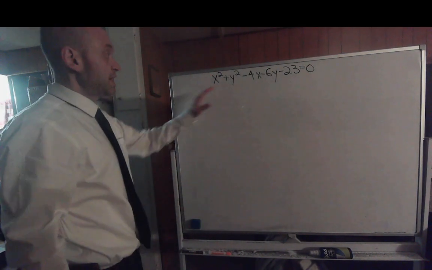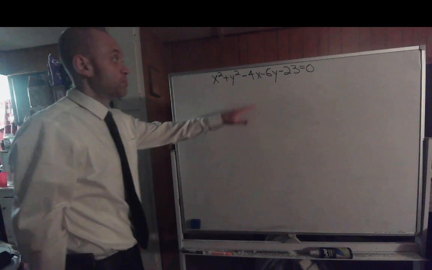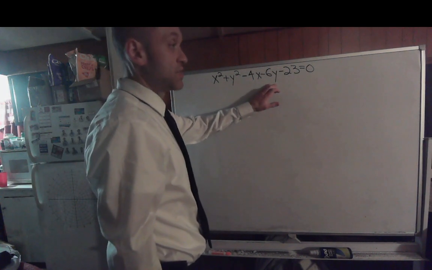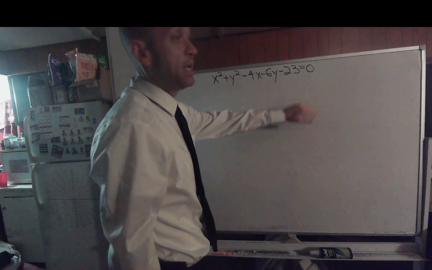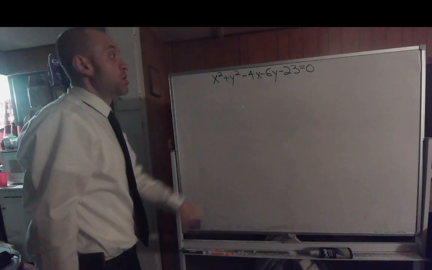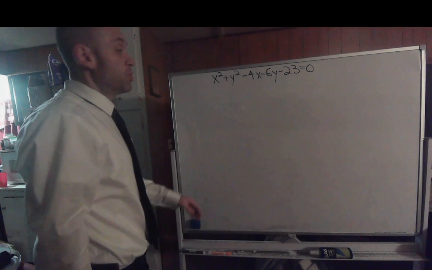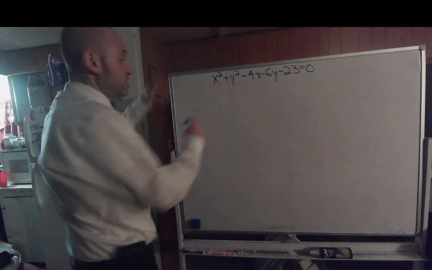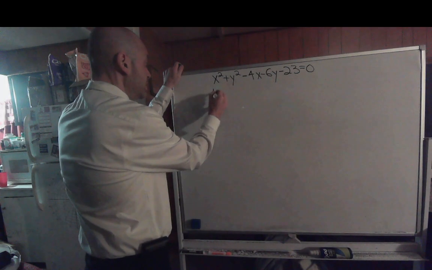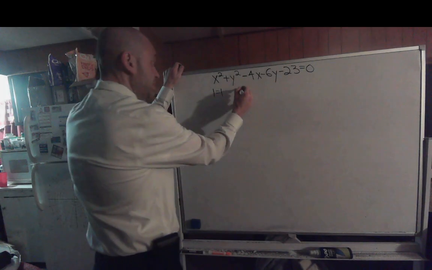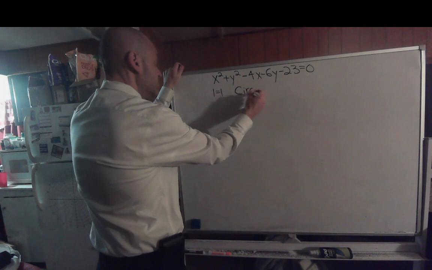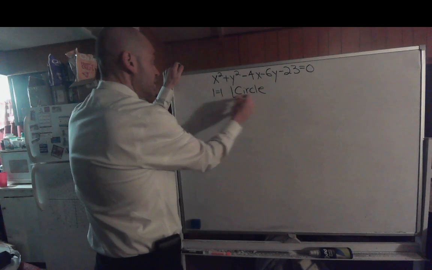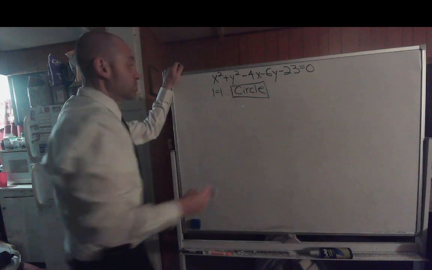So we have x squared plus y squared minus 4x minus 6y minus 23 equals 0. Well, we can see the coefficient on the x squared equals the coefficient on the y squared, so 1 equals 1. This means we actually have a circle. So this particular conic section is going to be a circle.